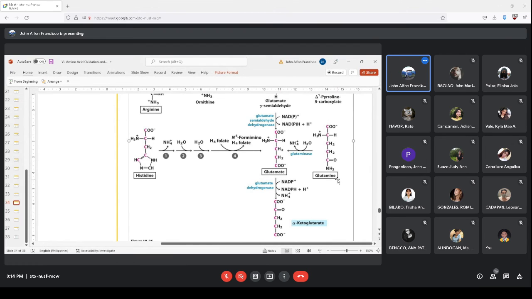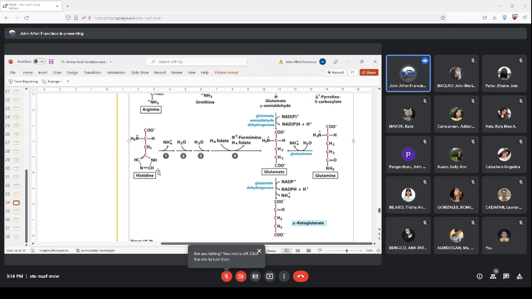For glutamine, you just remove your amine group to convert it to glutamate. While histidine has a nitrogen-containing ring. So initially, you just remove your ammonia here, and then introduction of water to convert it to glutamate.